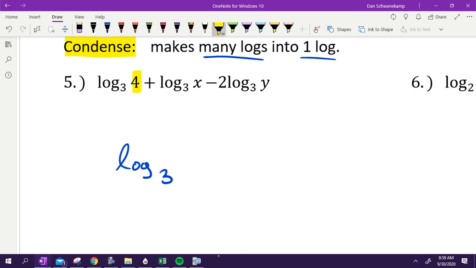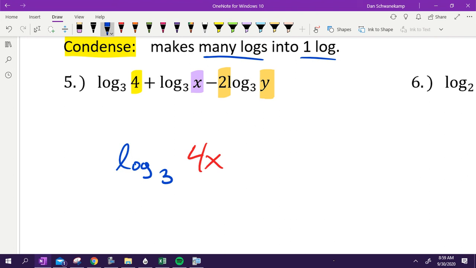Okay, my first element is just a 4. So cool. I'm going to write a number 4. My next element is an x. How is that x going to be related to that 4? Multiplied, because there's a plus sign there. So it's just 4x. And then my last one is minus 2 log base 3 of y.